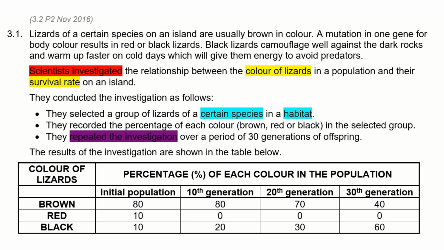They repeated the investigation over 30 generations. So there is a lot of the most important information highlighted before we even looked at the questions. So we know that oftentimes they will ask questions about these type of things. So when you go through your question, highlight them. So when they do come up in the questions, you know they are important.